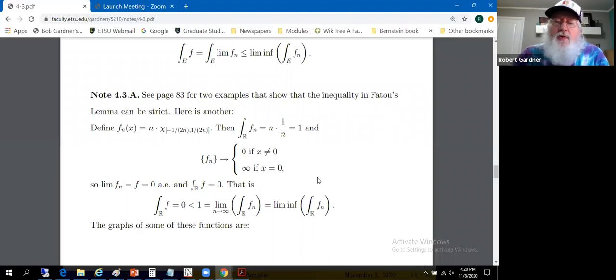So the reason they've allowed this extended real numbered stuff to become part of the conversation is because sequences of functions are going to play such a big role. And man, the sequence of functions, they could diverge to infinity. So we're allowing that to happen. But notice, at least in this example, it only happened on a set of measure 0.